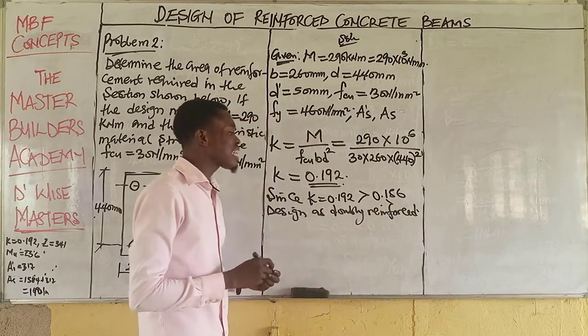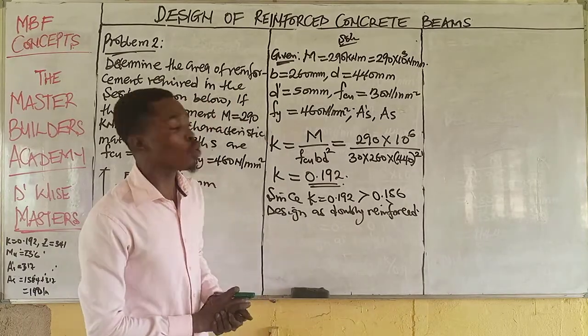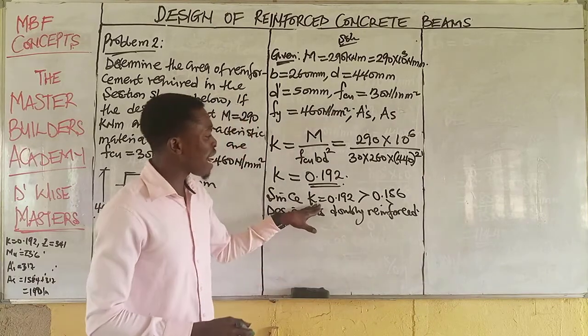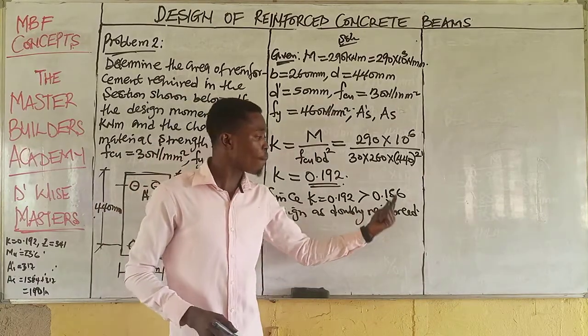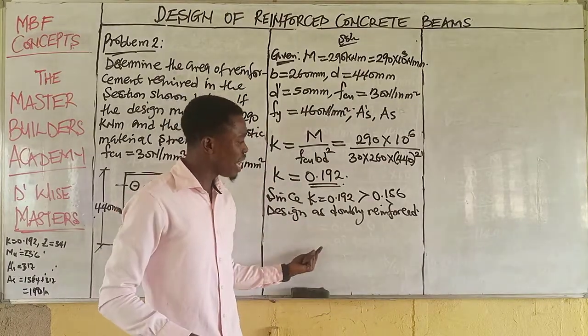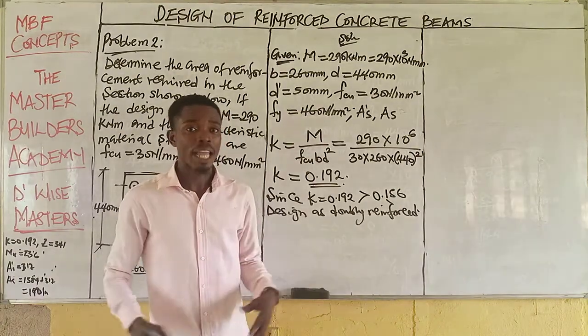Now that we are to design this as doubly reinforced, listen carefully. Once you find out that the value of K is greater than 0.156, there is no need to calculate the lever arm factor, LA. There is no need. Why?